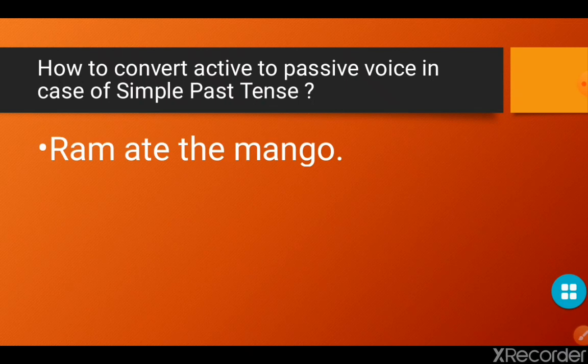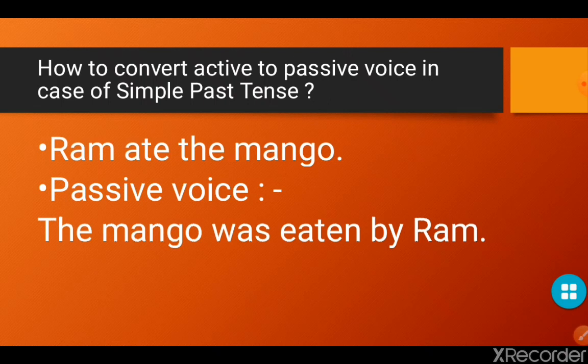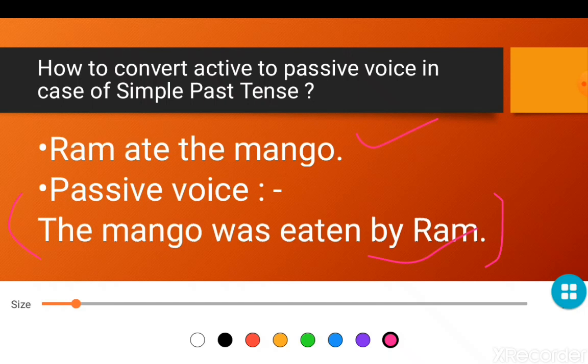The passive voice will be the mango was eaten by Ram. Okay, our active voice is what? Ram ate the mango. And our passive voice will be the mango was eaten by Ram. All of you clear about these two?